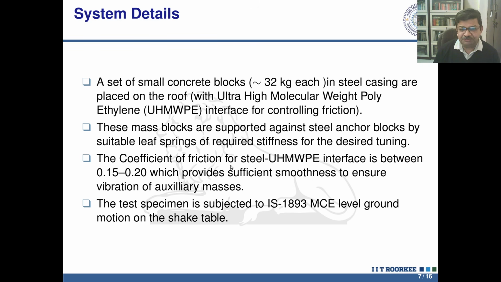The coefficient of friction for steel and UHMWPE interface is between 0.15 to 0.20, which provides sufficient smoothness to ensure vibration of auxiliary masses. And this test specimen is subjected to IS 1893 2026 MC level ground motion for zone 5 on the shake table.